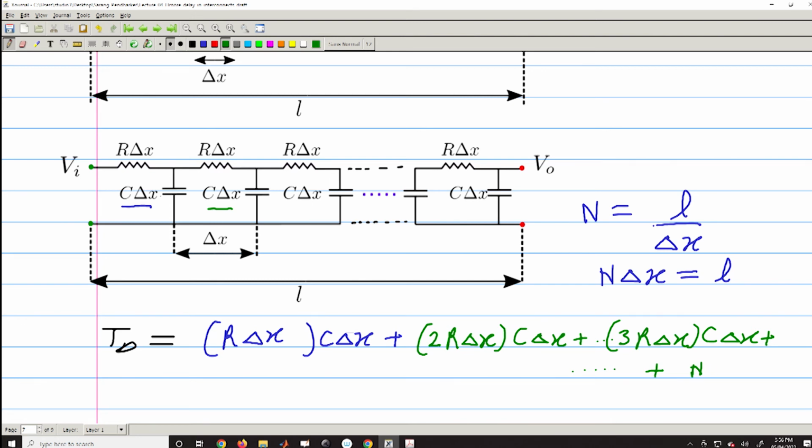So, there will be n into R into delta x into C into delta x.